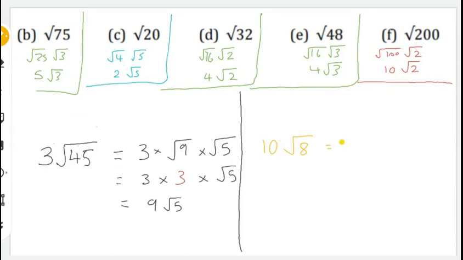Nice, which is 10 times 2 times square root of 2. Yep, which is 10 times 2, because the square root of 4 is 2, times the square root of 2. Yep, which is 20 times the square root of 2. That's it. So, yeah, that's how that one works.